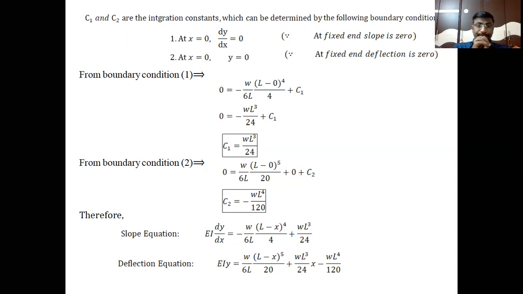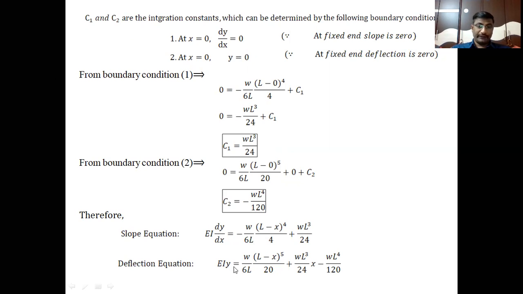Okay, students, these are the C1, C2 values. After getting the C1, C2 values, you can write the final slope and deflection equations. After substituting the C1, C2 values, the slope equation is EI dy by dx equal to minus W by 6L into (L minus x) to the power 4 by 4 plus WL cube by 24, which is the C1 value.